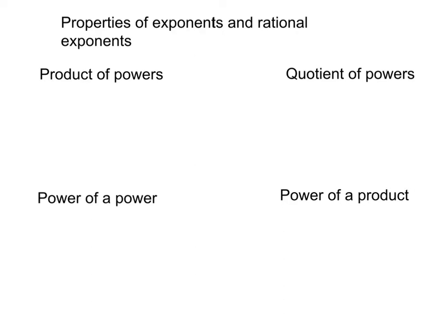Now we're going to look at quotient of powers. When we have a to the power of m over a to the power of n, we know that equals a to a power of m minus n.